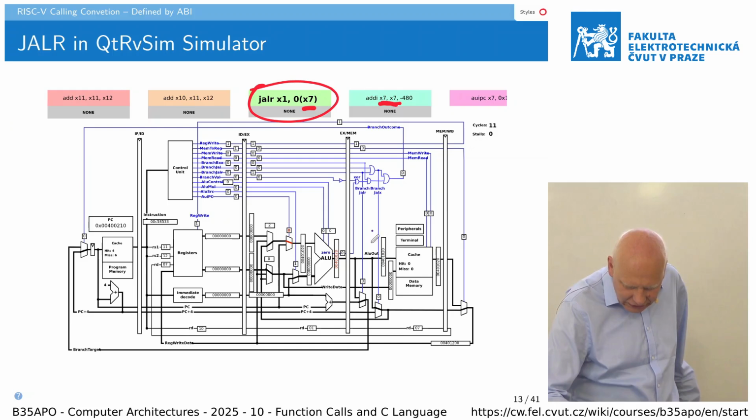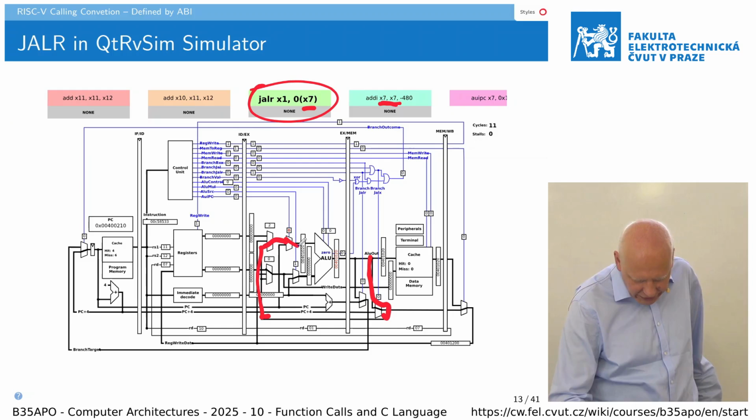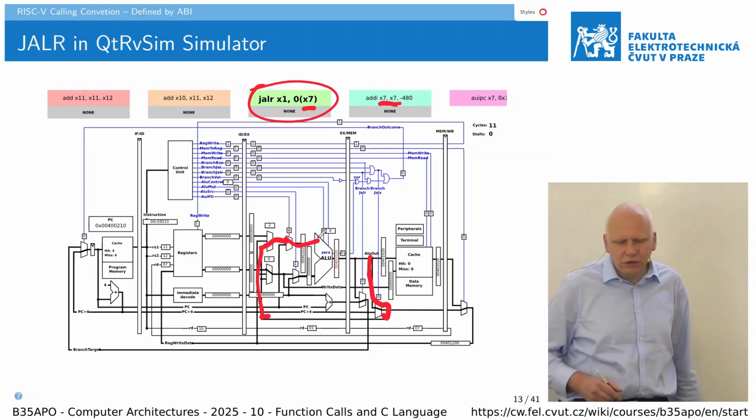So in this case, we know that the modified value is available there, and it goes through this forwarding to the input of the arithmetic logic unit.